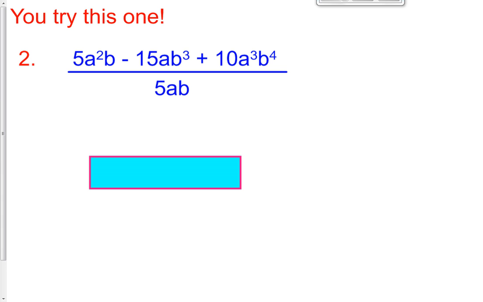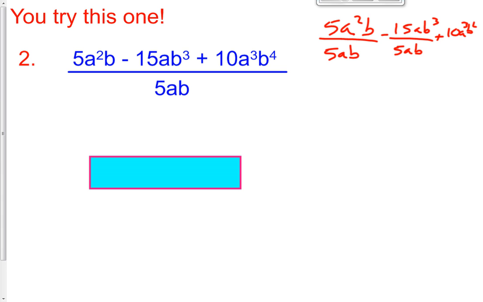After you've tried this one, hopefully you put everything over 5ab. So 5a squared b over 5ab, minus 15ab cubed over 5ab, plus 10a cubed b to the fourth divided by 5ab.